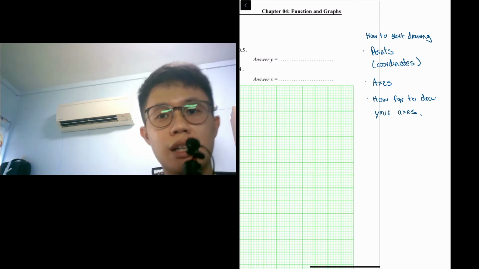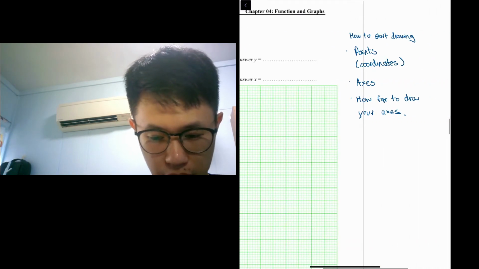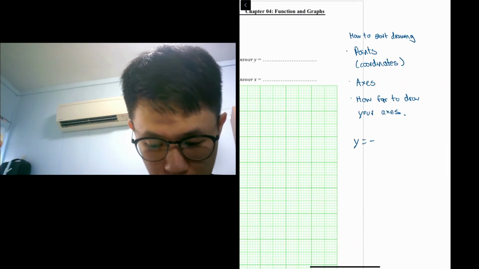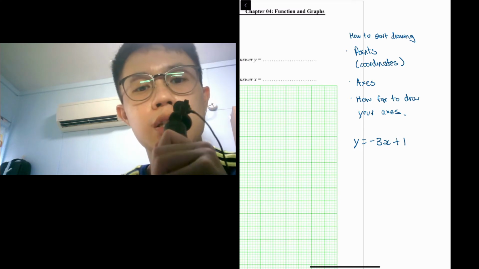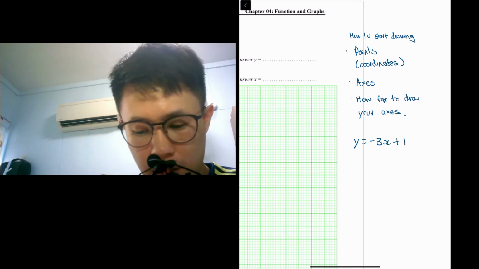I usually like to start with very simple points. So in this case, for the equation y equals negative 3x plus 1, I will use easy values of x.